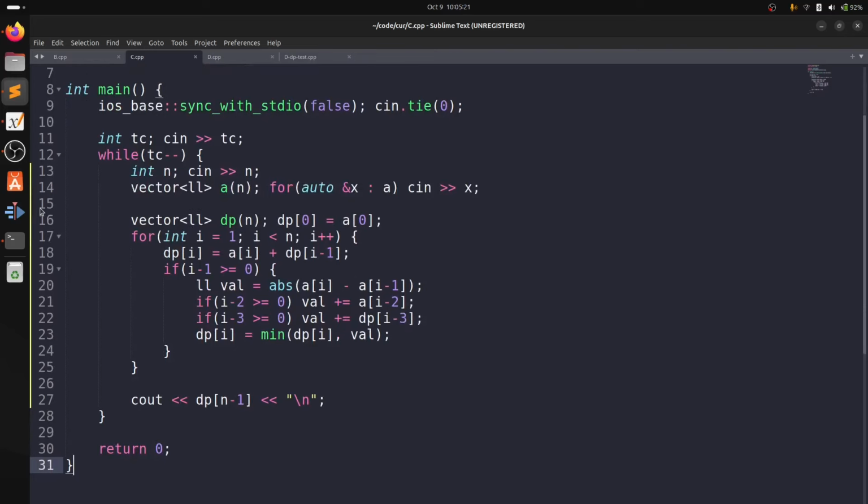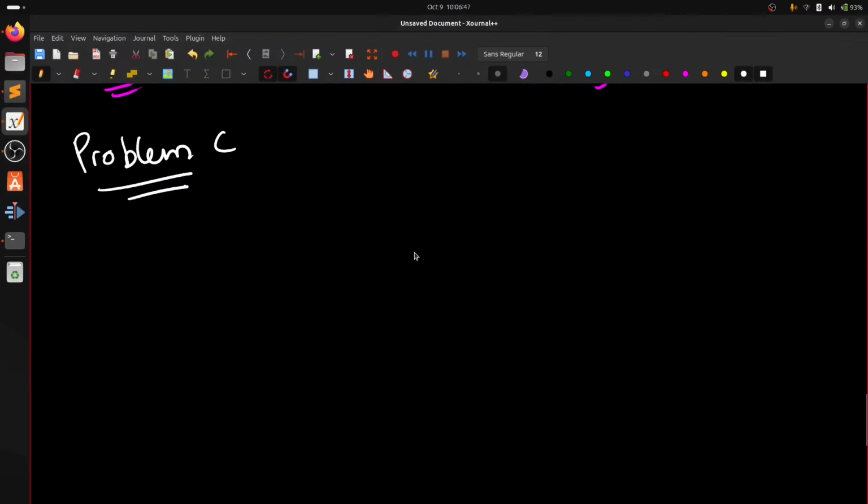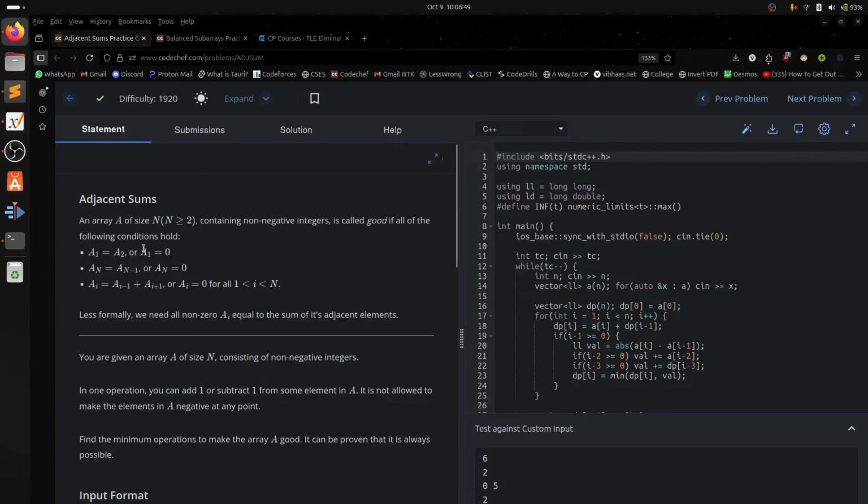Okay, so now let's move on to problem C. Let's go ahead and read the question. An array A of size n greater than or equal to 2 is called good if the following conditions hold. Basically, what's written is that each element is equal to 0 or the sum of its adjacent elements.